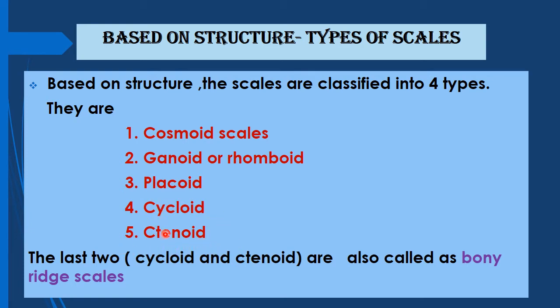The last two, cycloid and ctenoid scales, are also called bony ridge scales. So in fishes, we can see these types of scales based on structure: cosmoid, ganoid or rhomboid, placoid, cycloid and ctenoid scales.